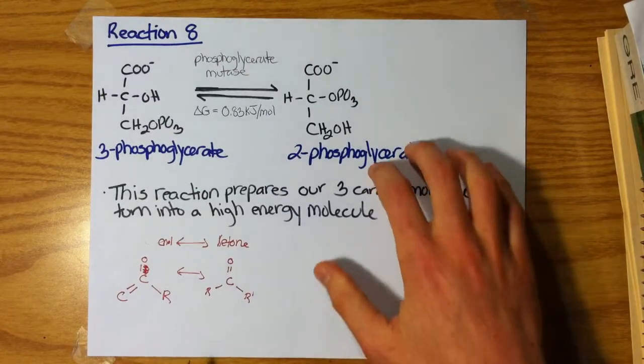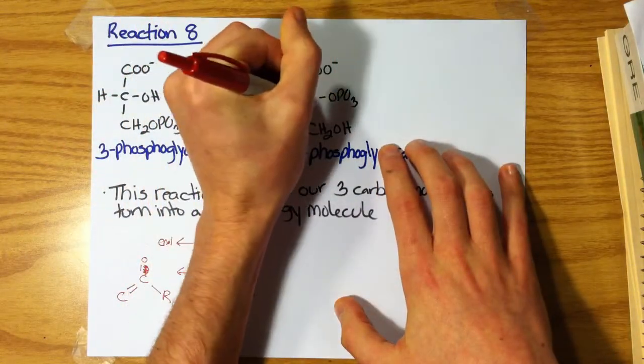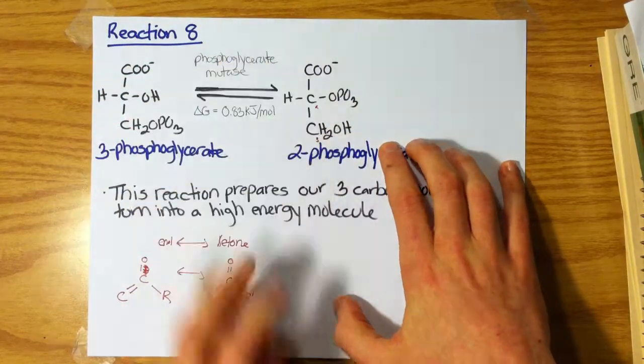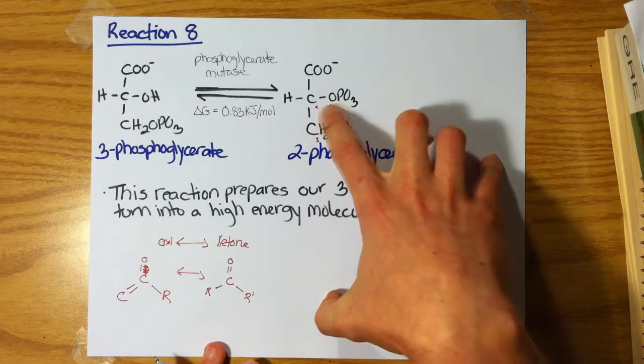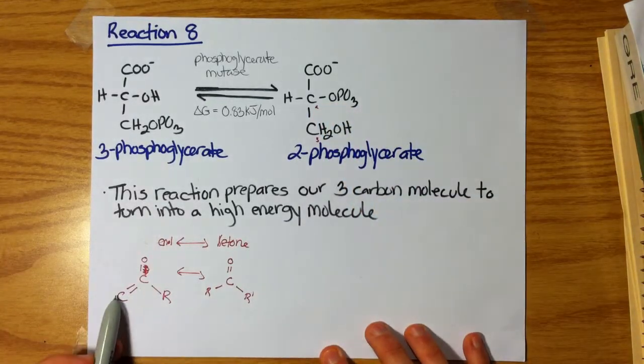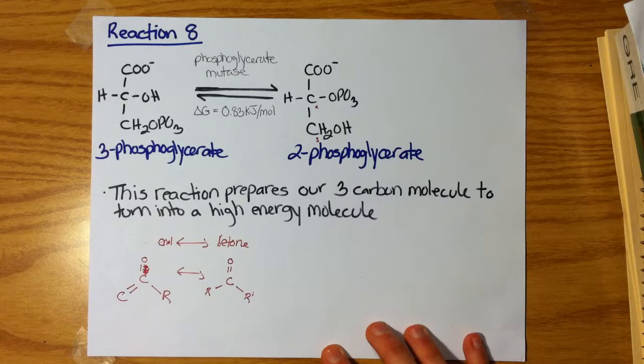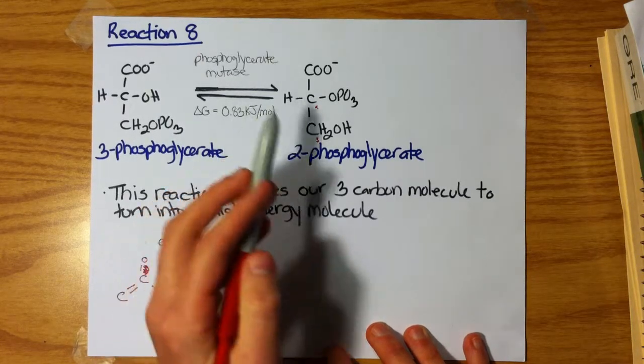So what we're going to do here is, you can see we have our carbon 2 and our carbon 3, and here's an oxygen bound to carbon 2. And what we're going to form is an enol.